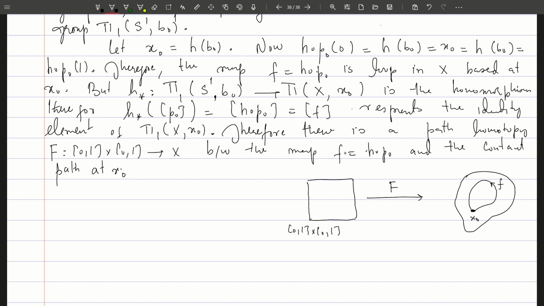So F is a homotopy between this loop and this constant map.